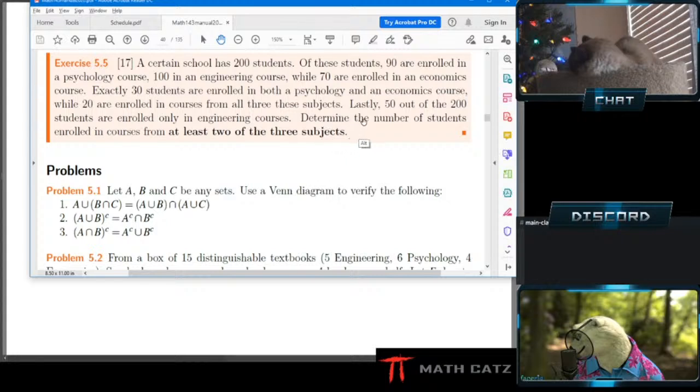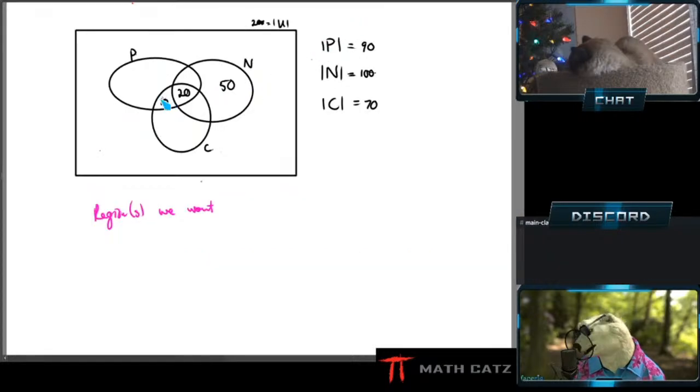Okay. Now they say determine the number of students enrolled in courses from at least 2 of the 3 subjects. At least 2 means 2 or more. At least 2 subjects. Now these pieces over here are only 1. At least 2. Yeah, that'll be 2.